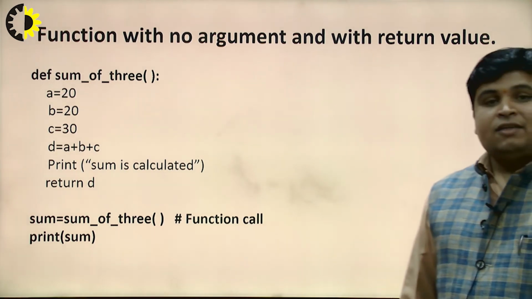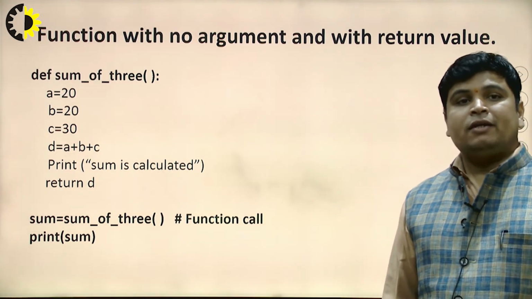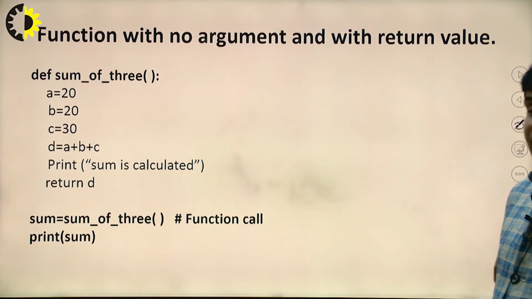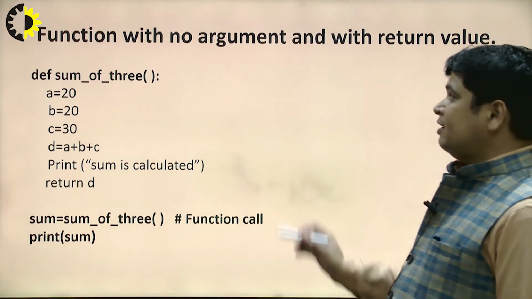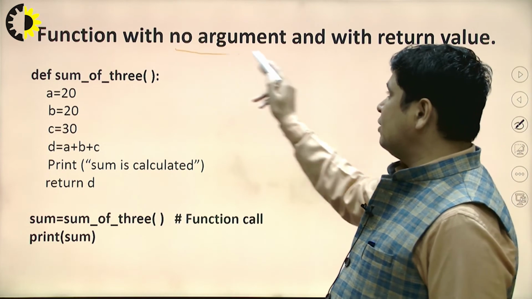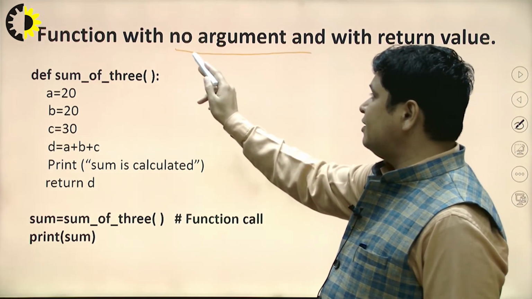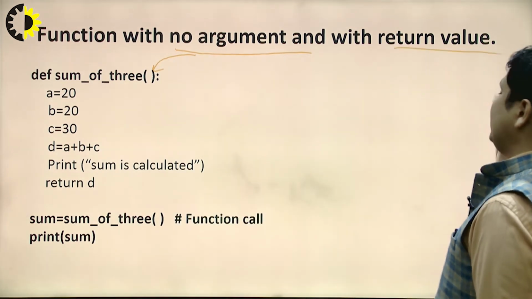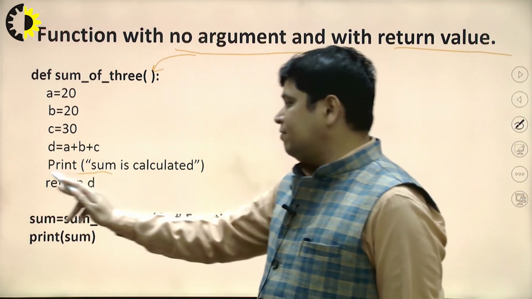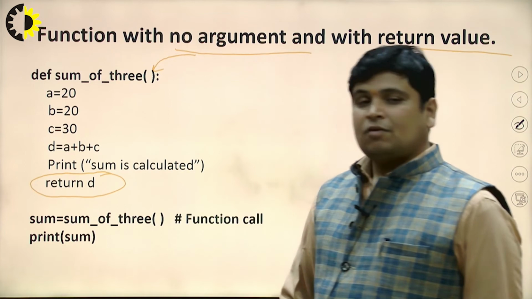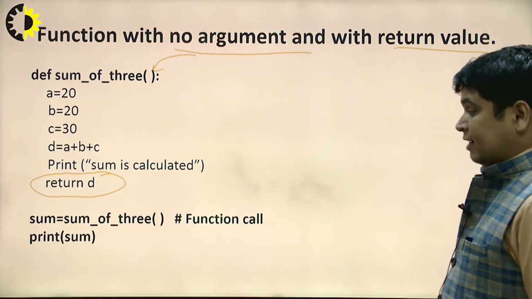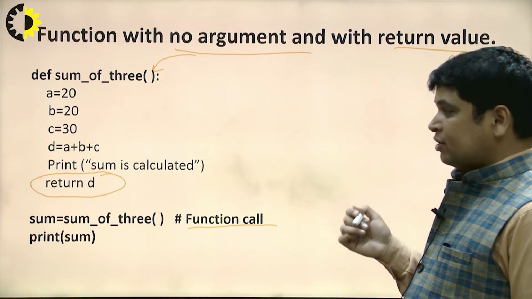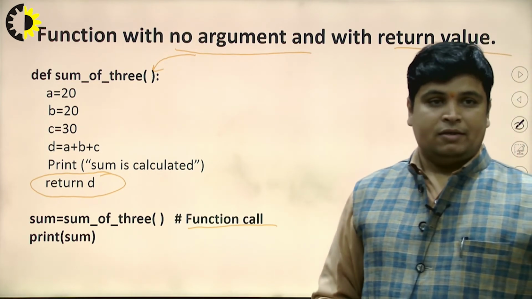The second category is function with no argument and with return value. As the category suggests, there is no argument, but a return value is there. At the time of function call, I am not able to send a value because the function definition has no argument.